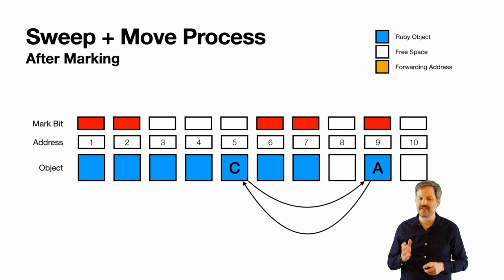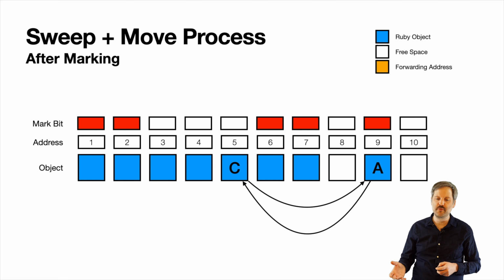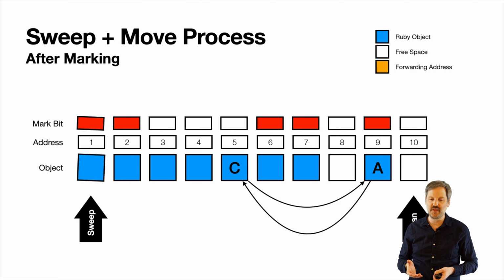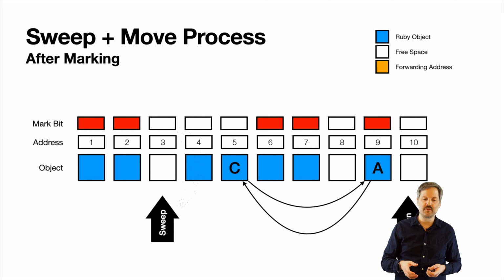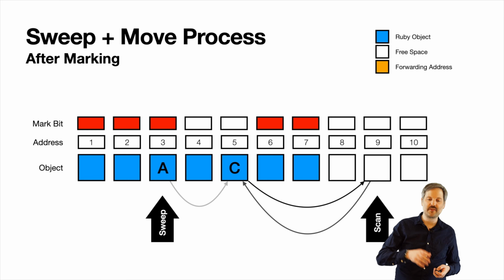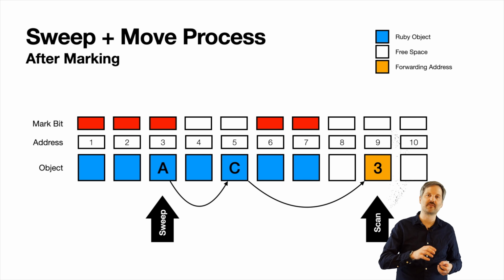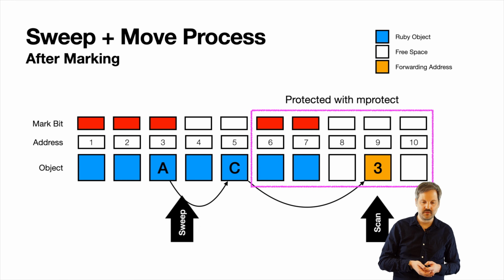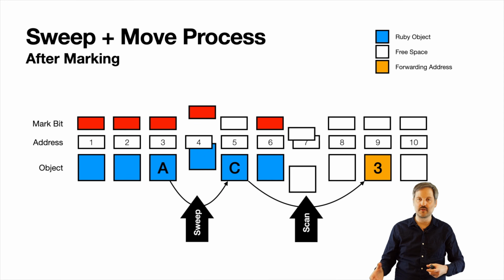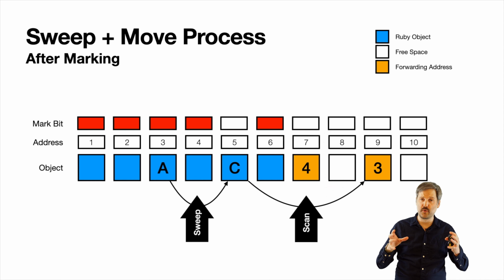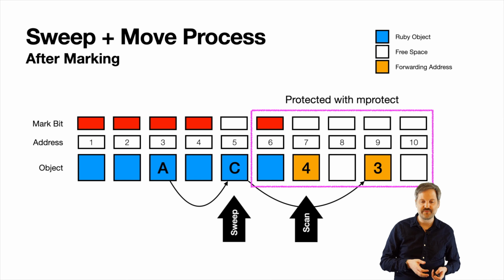So this works exactly the same as the previous algorithm, but after we move an object, we protect the page. Each time we move an object, we remove page protection, and then after the object is moved, we add protection to that page. You can see here in this graph, every time we move an object, we add protection, but before we move the object, we remove protection.